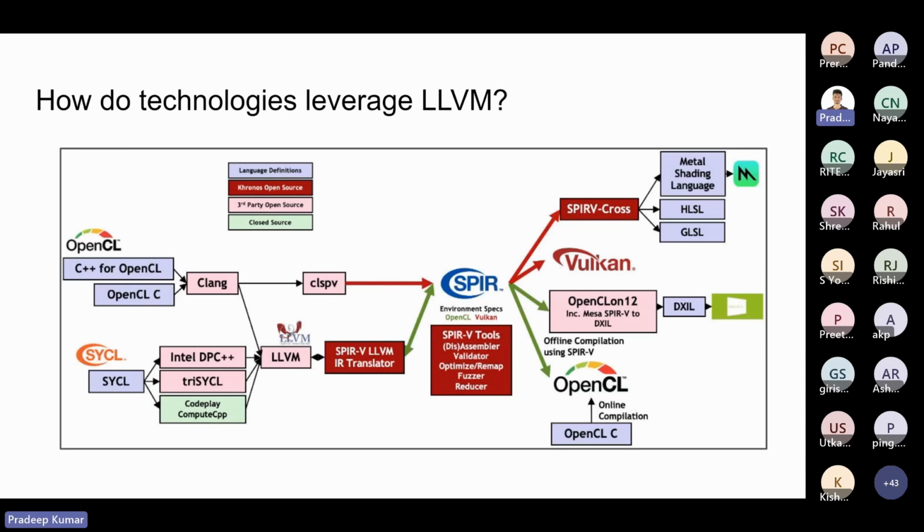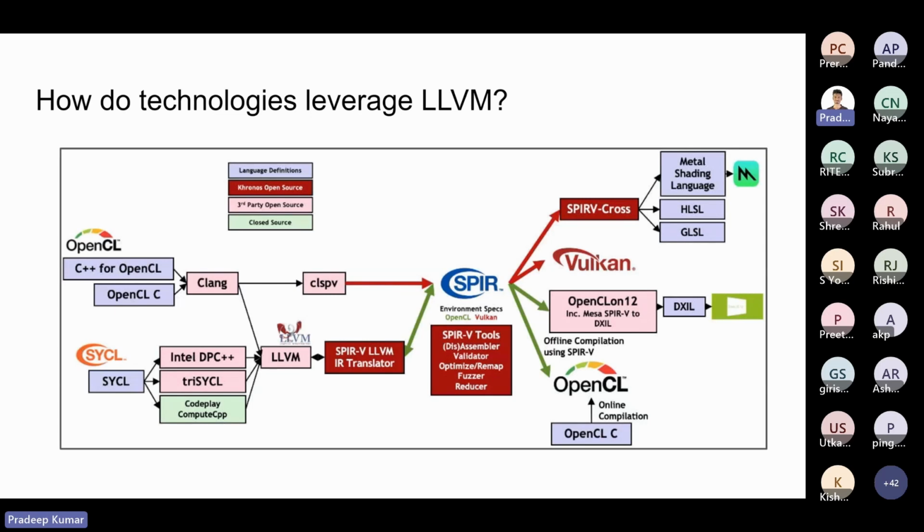And then you generate different backends based on it, for example Vulkan, HLSL for DirectX, and there are also different kinds of projects that run OpenCL on DirectX and whatnot. So the point here being that LLVM and Clang, all these subprojects, are very important in the GPU ecosystem. If you want to work on a GPU compiler, then I think LLVM is a necessity that you should know.